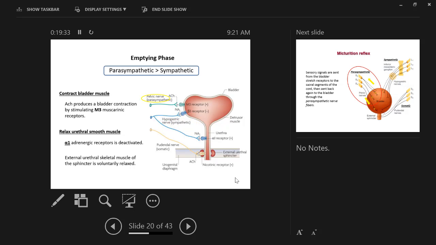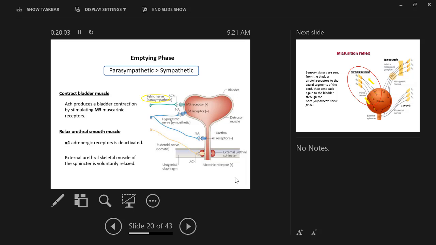However, during micturition, they switch around, and then the parasympathetic nervous system rules, which means that once again it's in here, parasympathetic activity. So it releases acetylcholine, binds to M3 muscarinic receptor, which promotes contraction of bladder detrusor cells.